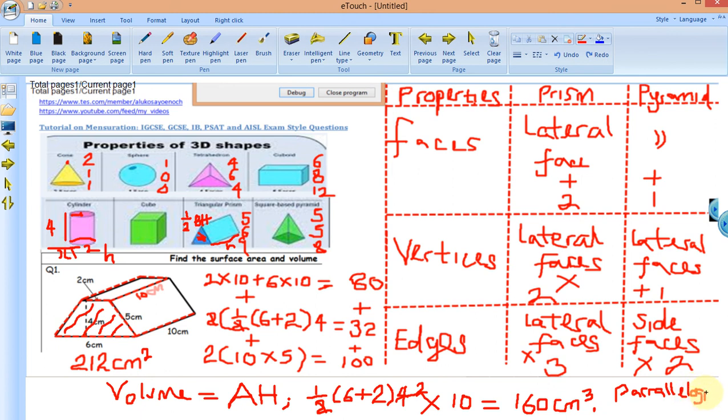Please find out, Google it, and differentiate how to find the area of each. Is this a trapezium? Why am I so playful? Is this a parallelogram or a trapezium? I know that this is half times the sum of the parallel sides times height, so it's different from when you have something like this, guys.